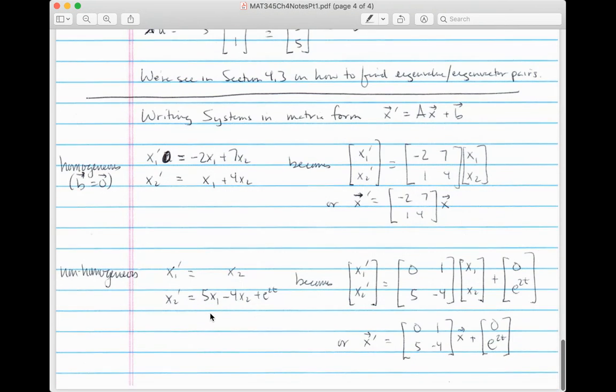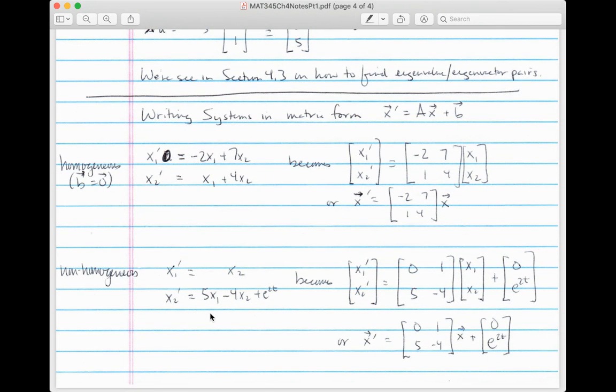And then finally, just one last brief bit on making sure that we recognize that we can write systems of linear DEs in matrix form. So if I've got a homogeneous system like the one we just discussed, related to the matrix we just discussed above, x1 prime equals minus 2x1 plus 7x2, x2 prime equals x1 plus 4x2.